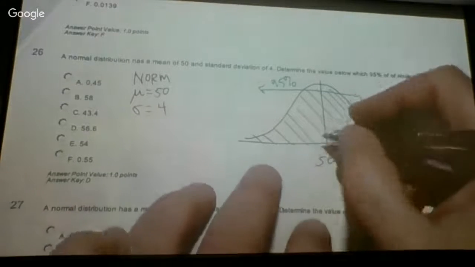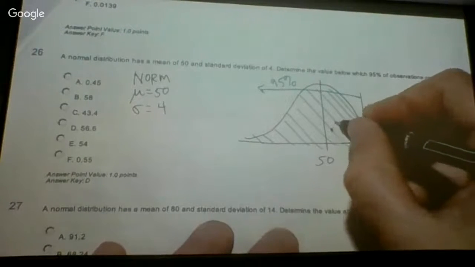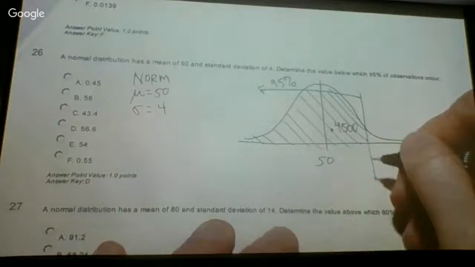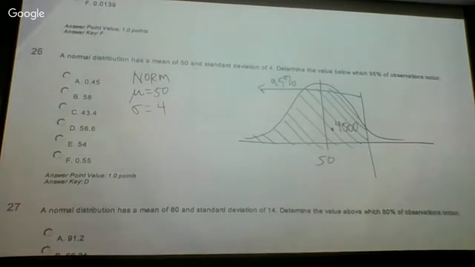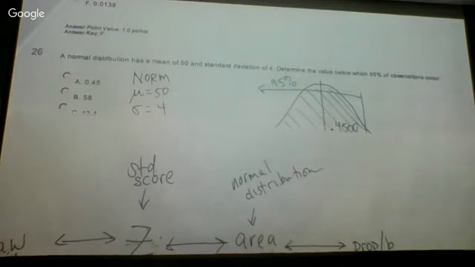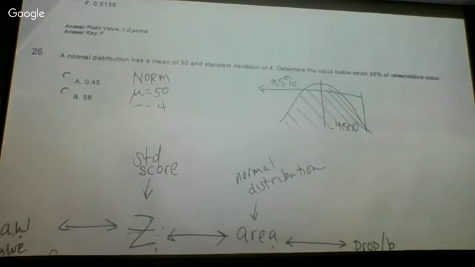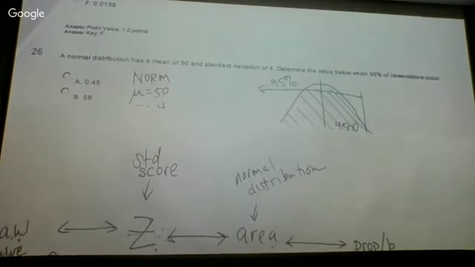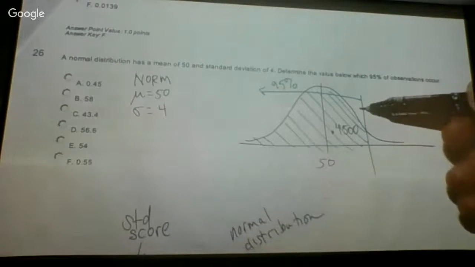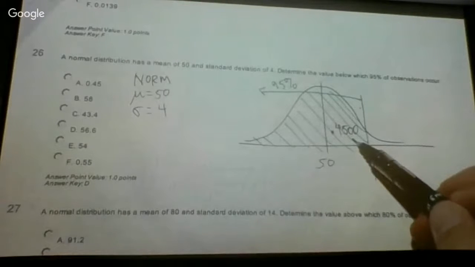So this area right here, 0.4500. And that's taking the proportion of 95% over probability, 95%, 95th percentile. Put it on the picture.